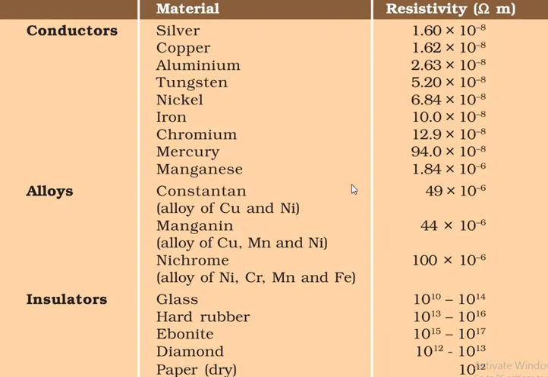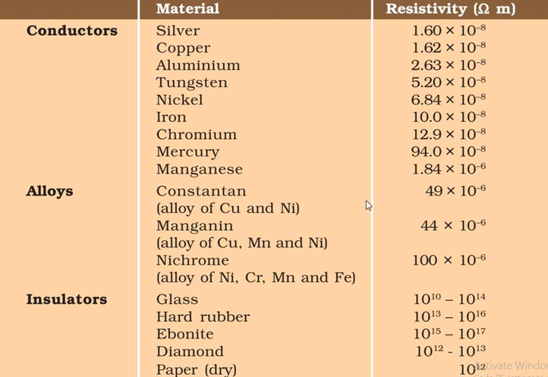In this table, here is the resistivity of some common materials provided in ohm meter. You see the resistivity of conductors or all the metals is of the order of 10 to the power minus 6 or less. So conductors normally have resistivity between 10 to the power minus 6 and 10 to the power minus 8 order.